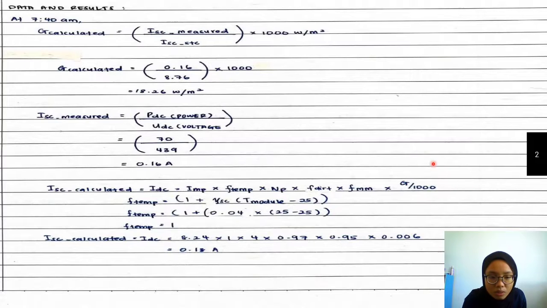So F temperature we got by calculating 1 plus gamma SC in bracket of T module minus 25. So we got F temperature equal to 1. Then substitute it to the equation, and we got 0.12 ampere.